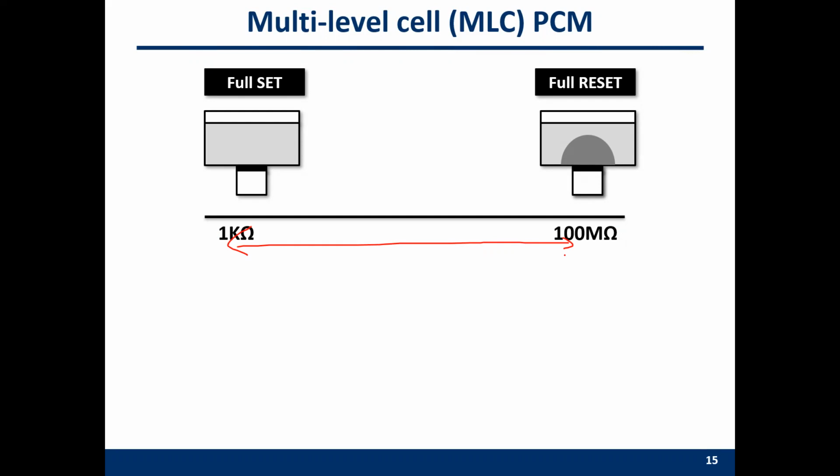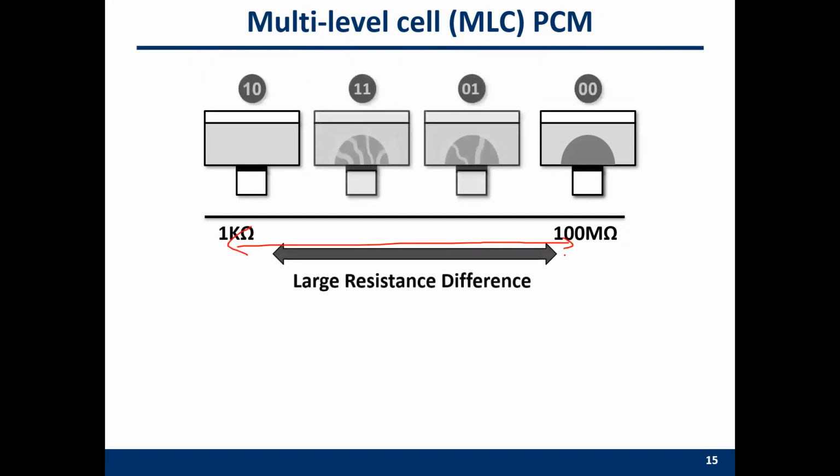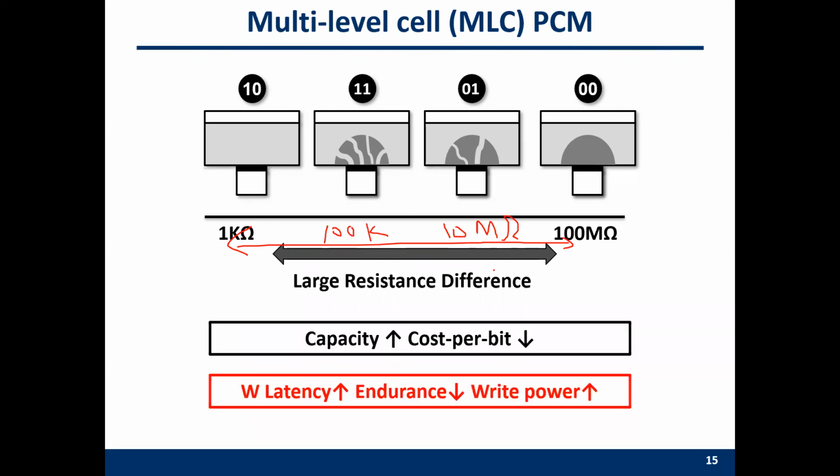So it's possible to integrate more states in the middle of this range. So here you maybe have 1K ohm, 100K ohm. Here you may have 10 mega ohm. Then in this way, you can store 2 bits.